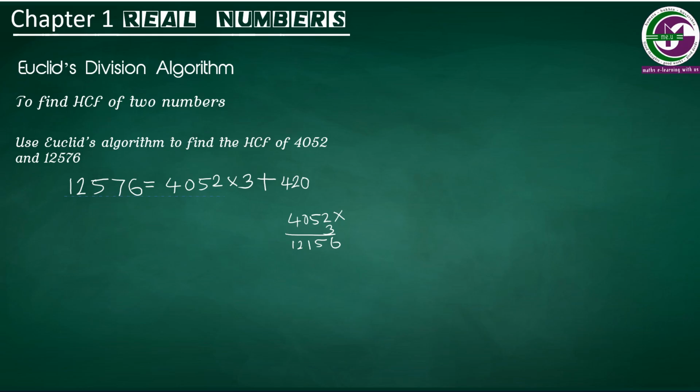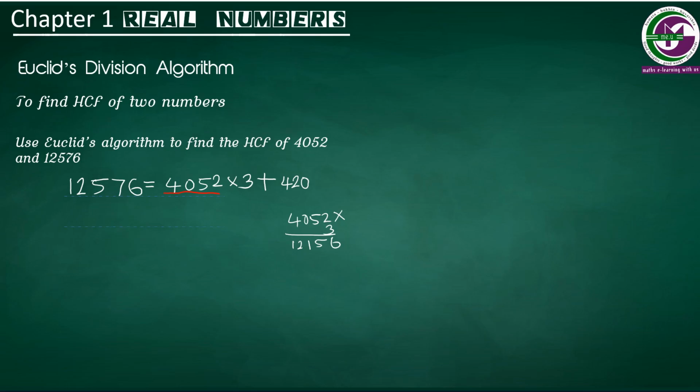Now, it is a procedure, right? You need to check whether the remainder is 0 or not. The last remainder is not 0. If it's not 0, you take this divisor, and the divisor will become the dividend for the next step.